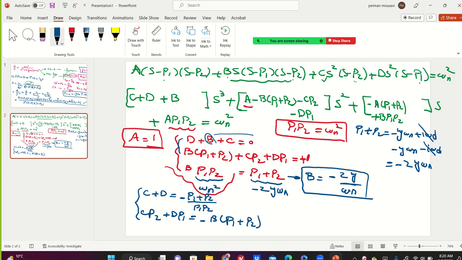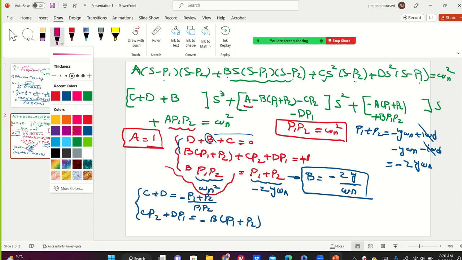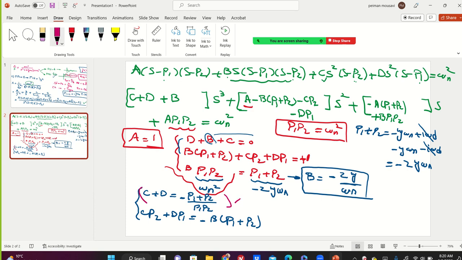I'm just multiplying both sides of this by minus P2 and then sum. If you do that, you're gonna have D P1 minus P2 equals to minus plus P1 plus P2 divided by P1. This with this goes, minus and plus.